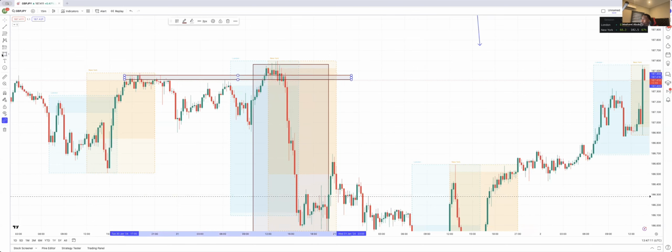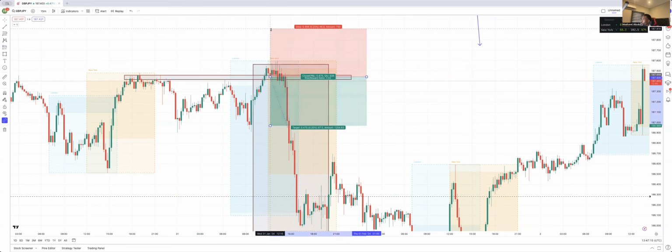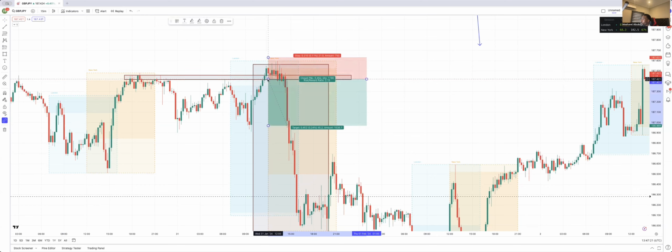So many people put their sell here, and their stop loss will probably be around here, 15 to 20 pips. Some people put it because of fear of missing out, which is fine. But at the same time, the market can push up and take you out, then start moving in your direction. So this is what I like to come in on.